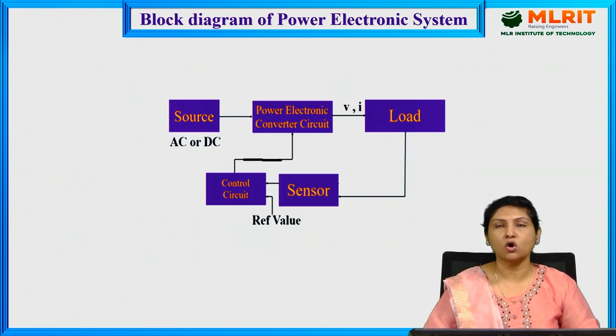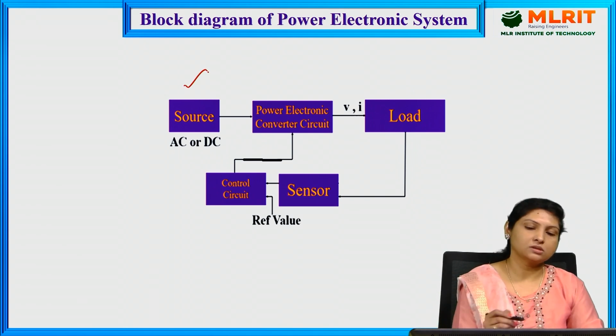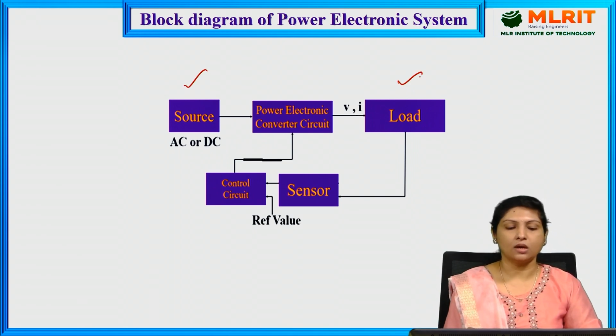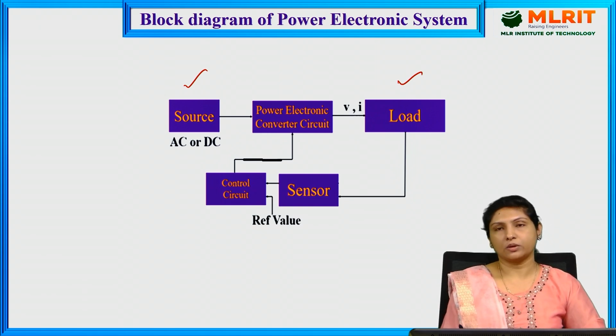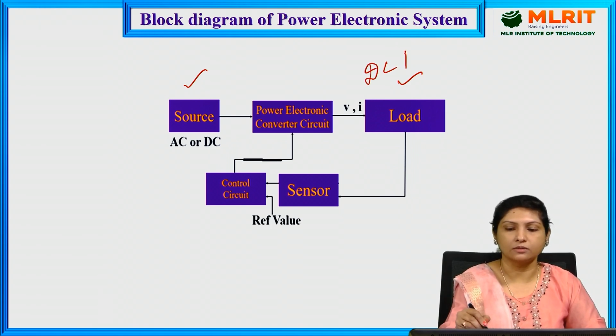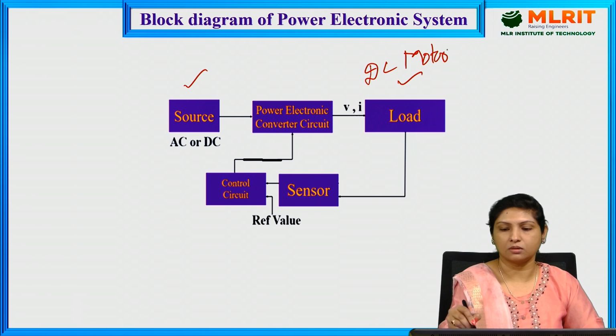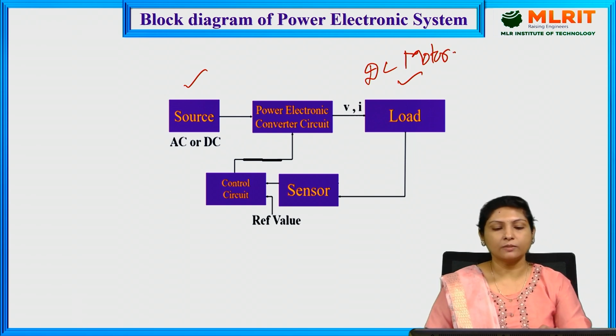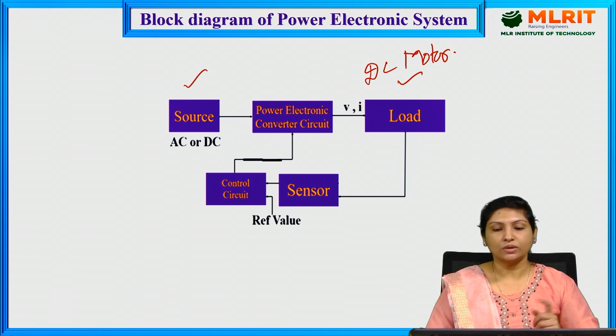Block diagram of a power electronic system. It consists of a source as well as a load, and this source can be either AC or DC depending upon the load requirement. Say, for example, I need to run a DC motor as my load, and I am considering a converter circuit which converts AC to DC as required by the load.